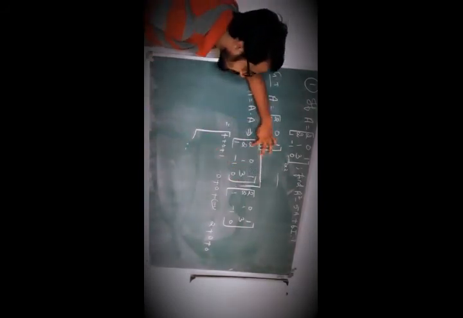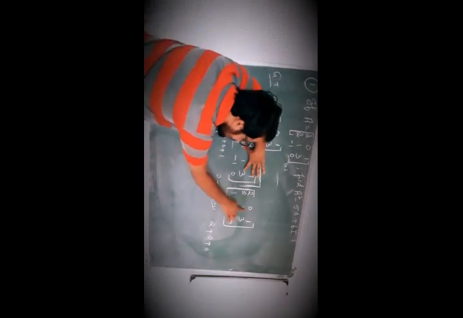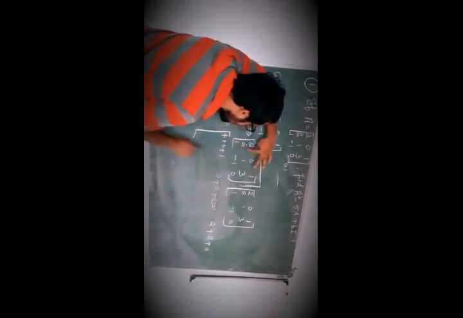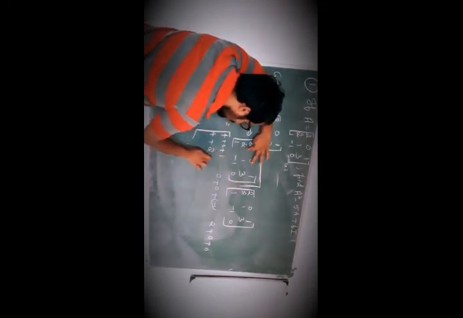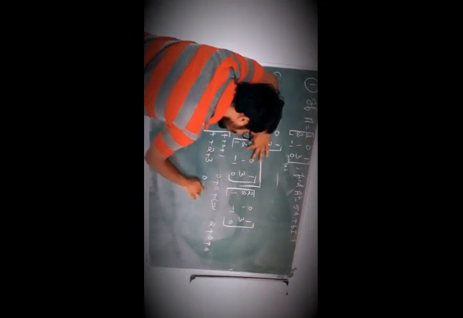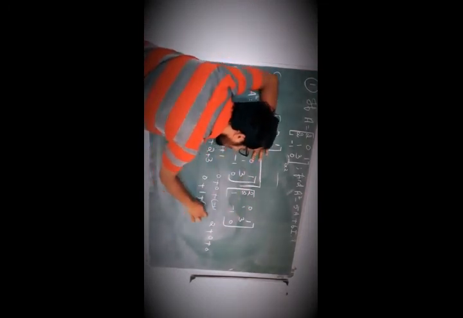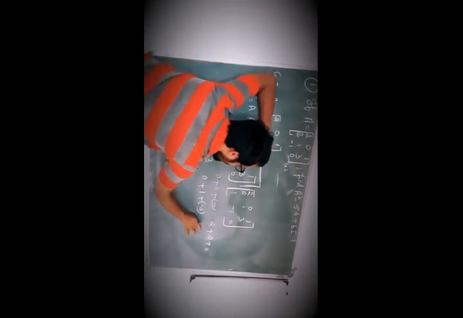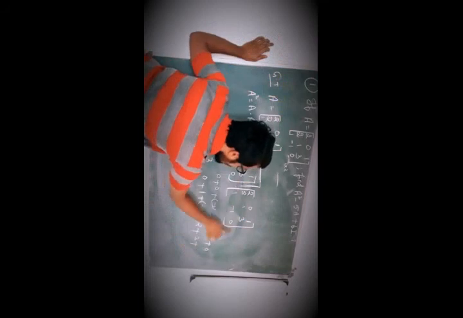Yes or no? Now first row over second row, I have to multiply with each column present in the second matrix. That is 2 into 2 is 4, plus 1 into 2 is 2, plus 3 into 1 is 3. Now 2 into 0 is 0, plus 1 into 1 is 1, plus 3 into minus 1 is minus 3. Now 2 into 1 is 2, plus 1 into 3 is 3, plus 3 into 0 is 0.